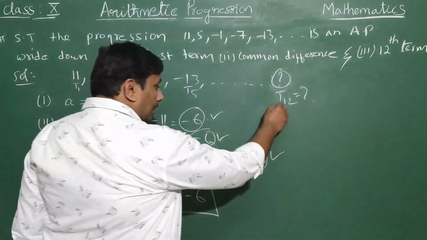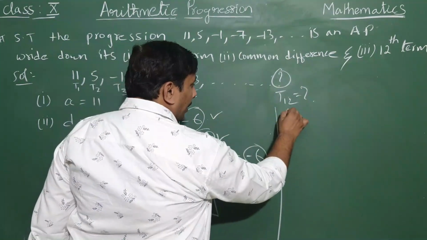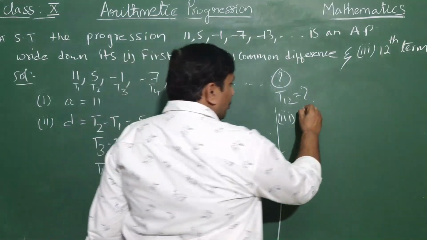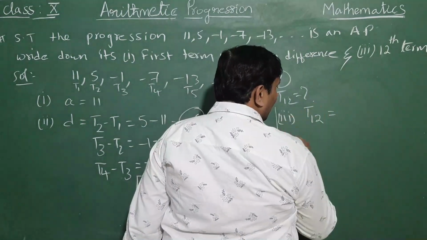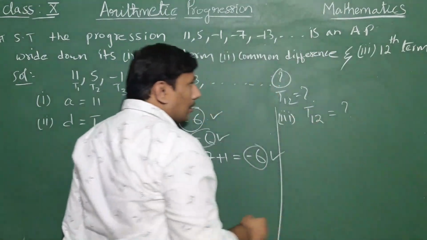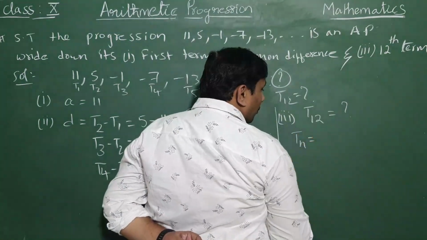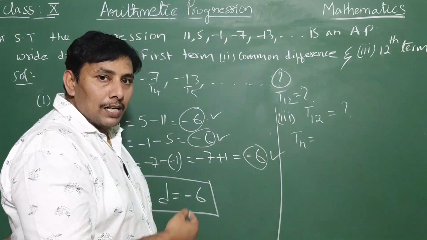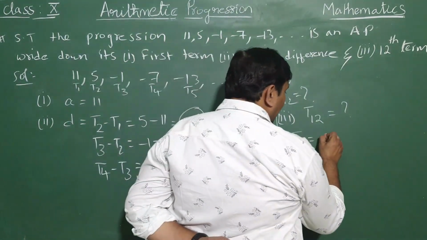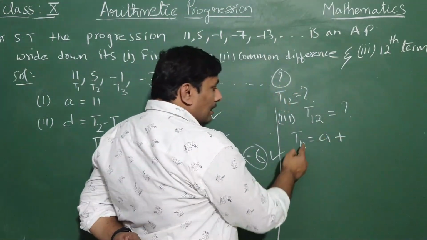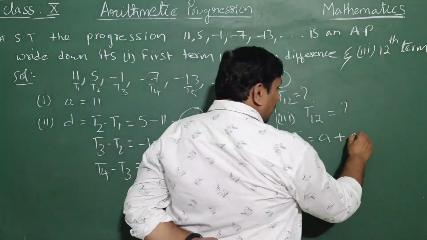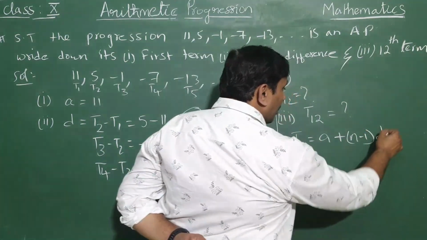Now let us find the third one, that is T12, the 12th term. Before finding it, let us write the formula. Tn is equal to, as I derived previously, the first term plus one number less than n, that is n minus 1, into the common difference.